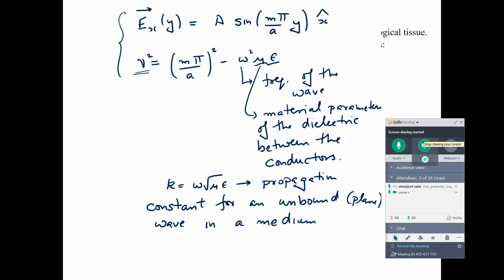So each of these solutions propagates at a different propagation constant. And since the speed depends on the propagation constant, they're going to be traveling at different speeds. These are called the modes, and since we're looking for the guided ones, they are called the guided modes. Think of them as modes of travel.